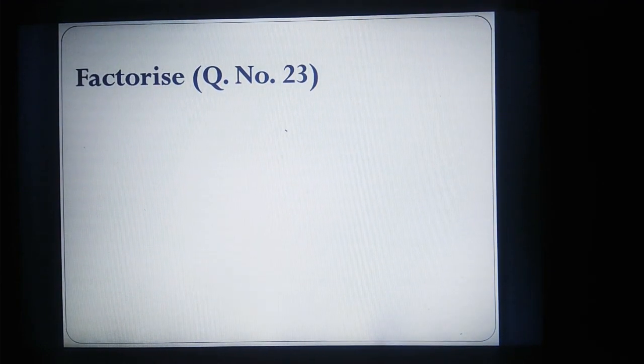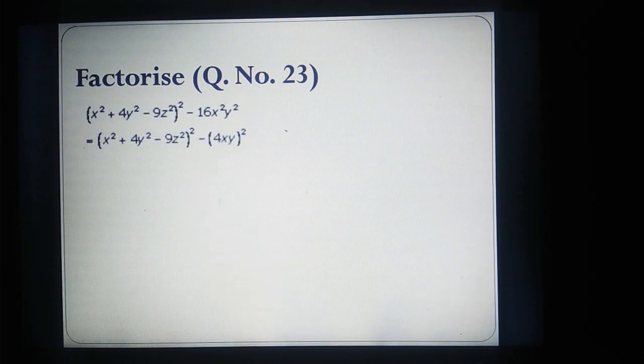We'll go to the next question, question 23. The question is this one. Now let's try to keep it in a square minus b square formula. This is already given in whole square format, and let us try to keep this in whole square format.